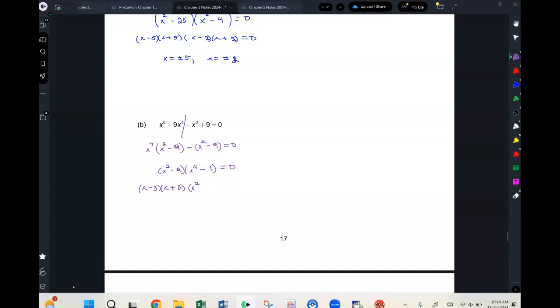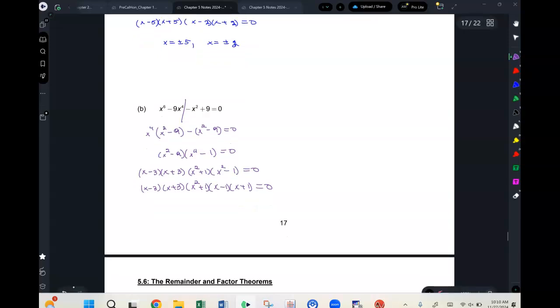Here I have x squared plus 1, x squared minus 1. Am I done? No. x minus 3, x plus 3, x squared plus 1, x minus 1, x plus 1 is equal to 0. We keep factoring over and over again.